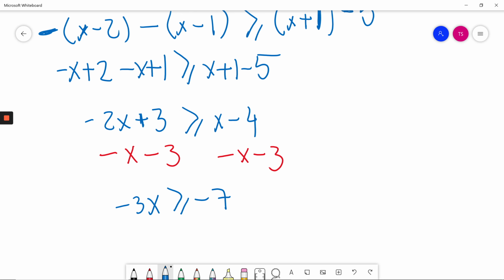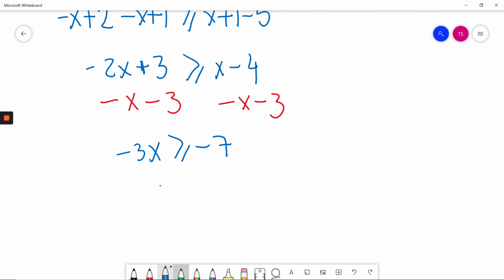If I do it this way, at this moment I will divide by negative 3 both sides, and negative 3 divided by negative 3 is positive 1, so the left side will be just x. But I need to remember, when I divide by negative, I need to change the inequality sign to the opposite. That was more or equal, so now x will be less or equal to negative 7 divided by negative 3, which is just 7/3.